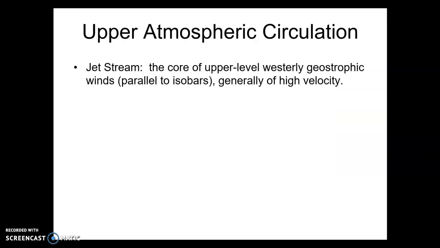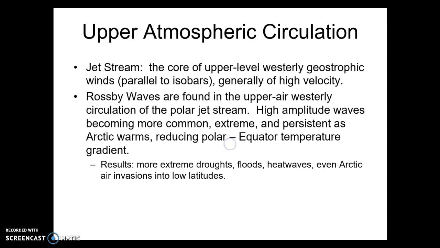So the upper atmospheric circulation is where we have the jet stream and the core of the upper level westerly geostrophic winds. We talked about those that flow parallel to isobars, generally high velocity winds. Within that, and this is very important in the whole world of climate change science, there are Rossby waves that form in that circulation of the jet stream.